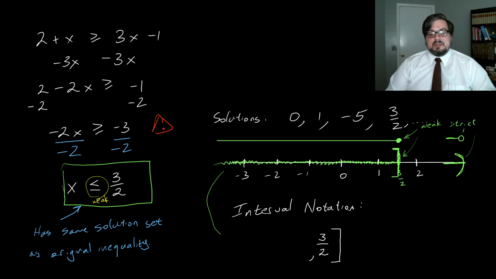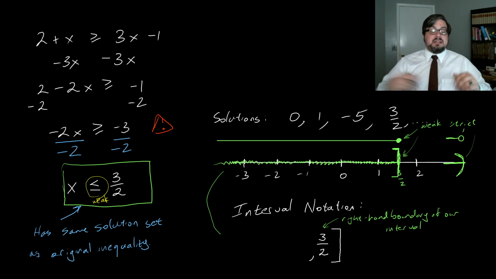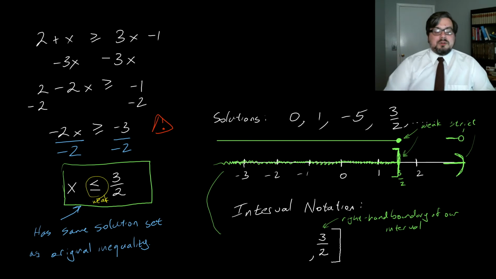And this means that 3/2 is the right-hand boundary of our interval. So when we look at our interval, it's going to extend to the left and to the right, and whatever the right-hand boundary is for that set of numbers goes here in the second position of the interval notation.